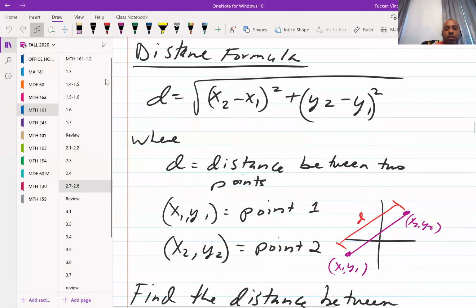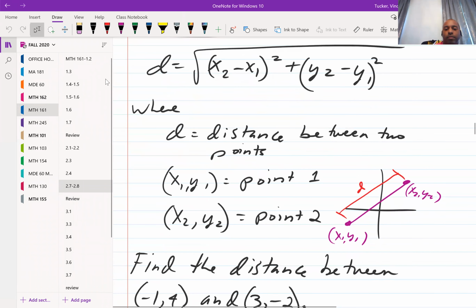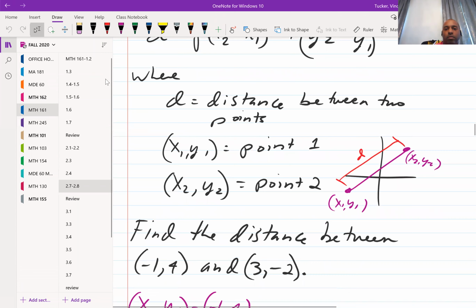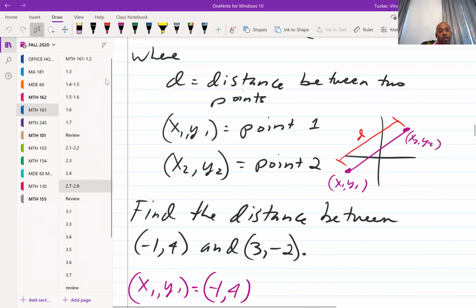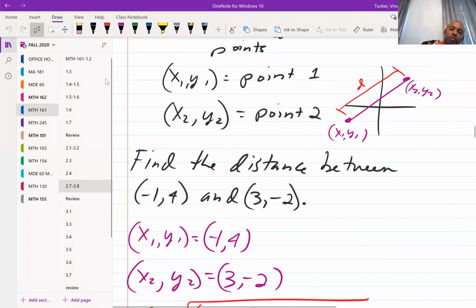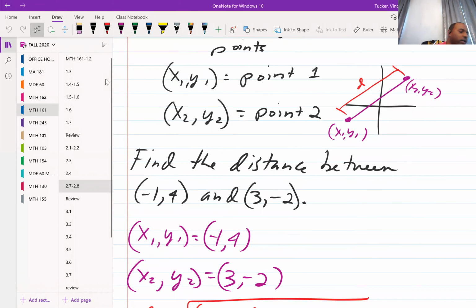All right, let's scroll up. So trying this formula out, it says find the distance between -1, 4 and 3, -2. Just like any other time, you establish which point you're calling point 1 and which one you're going to call point 2.